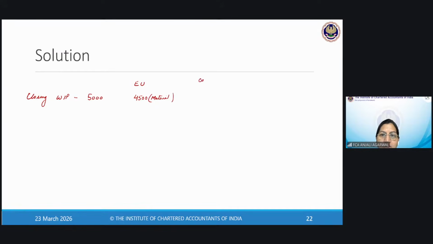What is the cost per unit for material from statement 2? It is 3 rupee per unit. So the closing WIP material cost is 13,500. It is 30% complete as far as labor is concerned.